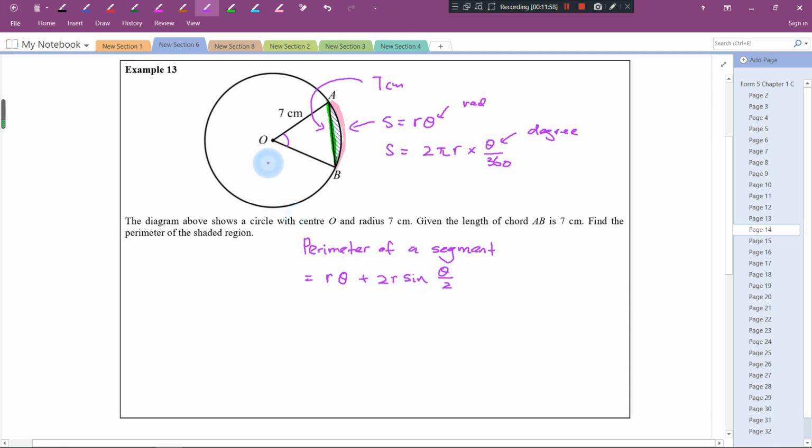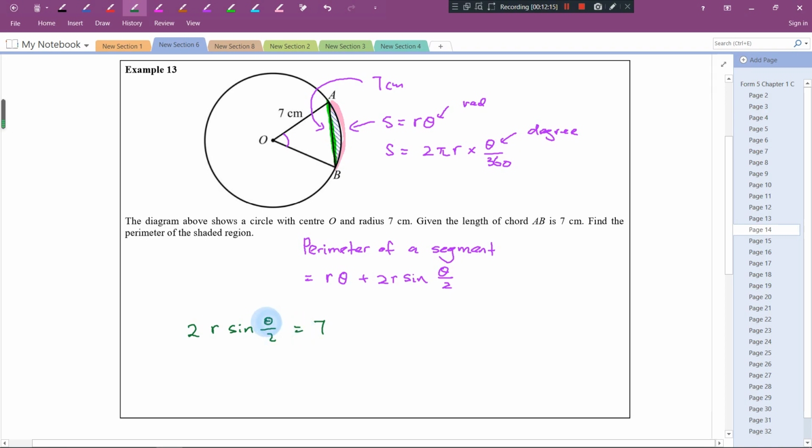If you remember this formula, it's very clear. This is for arc length, this is for chord length. So 2r sine theta over 2 is equal to 7, which is the chord length.